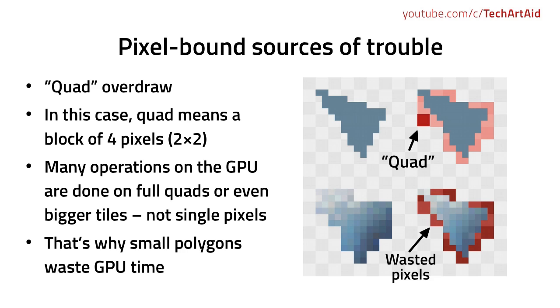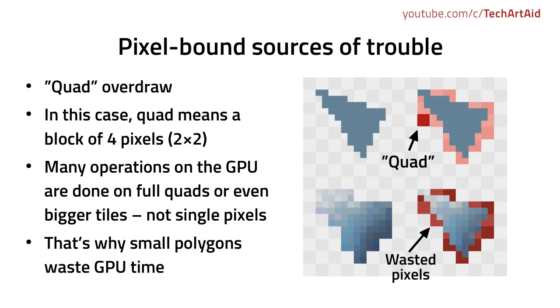And most of the operations on the GPU, when it comes to pixel shading, are done on full quads, or even bigger tiles, like 8 by 8, not on single individual pixels. It's easier for the GPU, or sometimes necessary for the GPU, to perform operations on bigger tiles and only then discard the unnecessary pixels. So the discarded pixels are basically wasted.